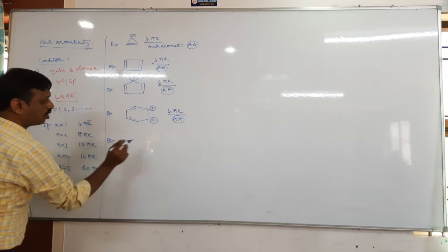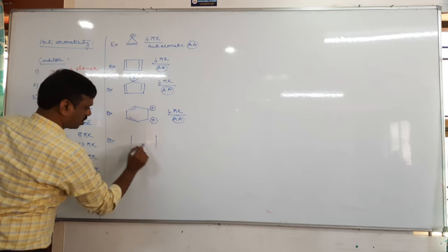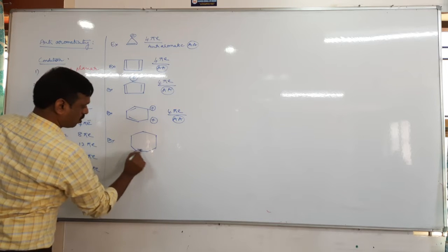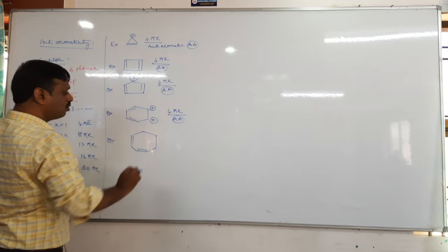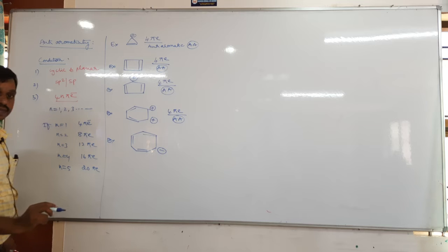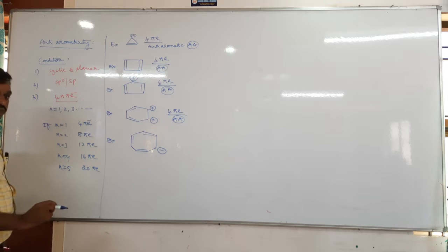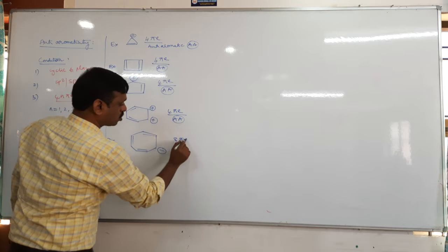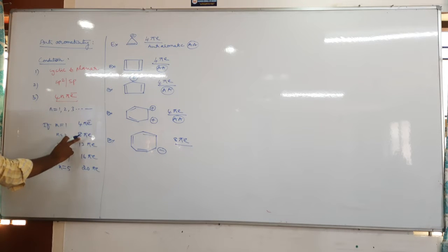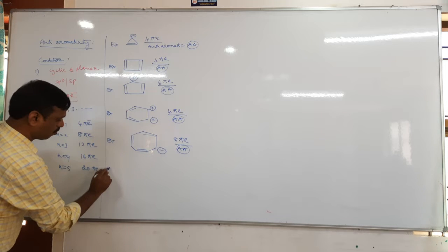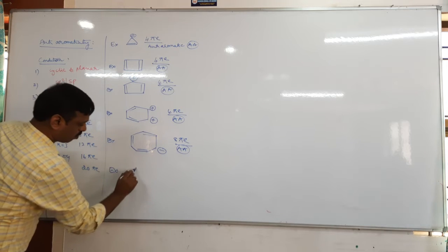One more example, let us take a 7-membered ring. How many pi electrons? 6 plus 2, 8 pi electrons, it is also anti-aromatic. Okay. Next, one more example.